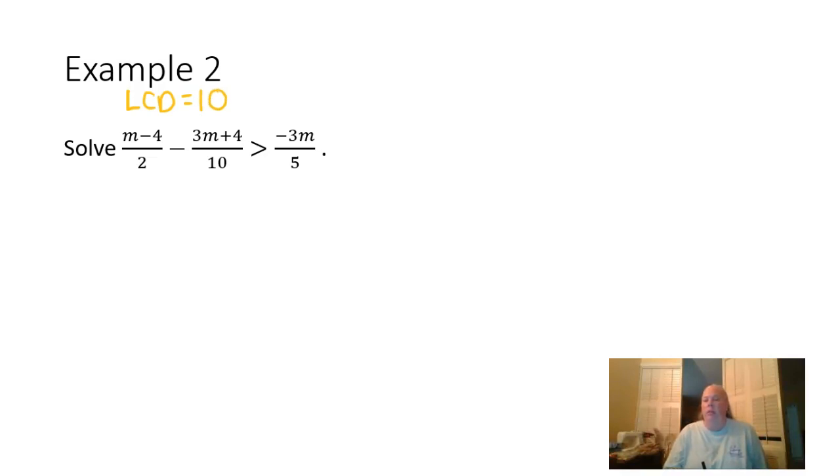Alright, so I'm going to multiply each of these fractions individually by the 10, and then I'm going to cancel, and what I'm left with will be an inequality that has no fractions in it.